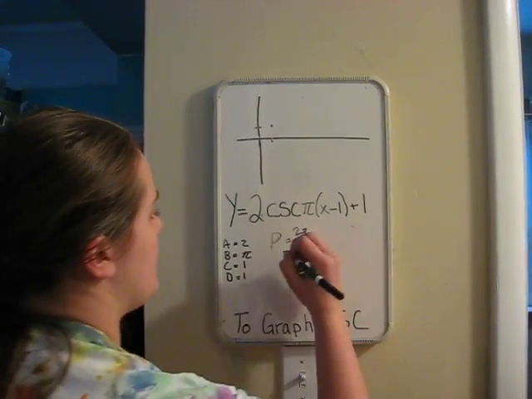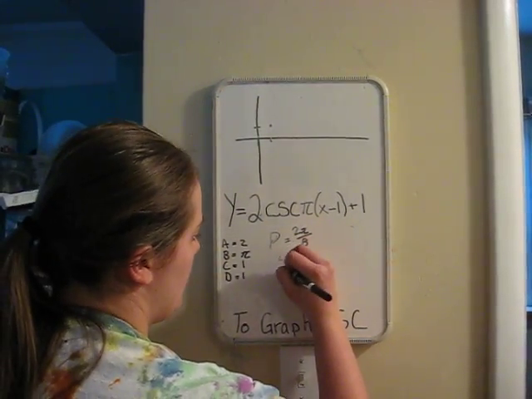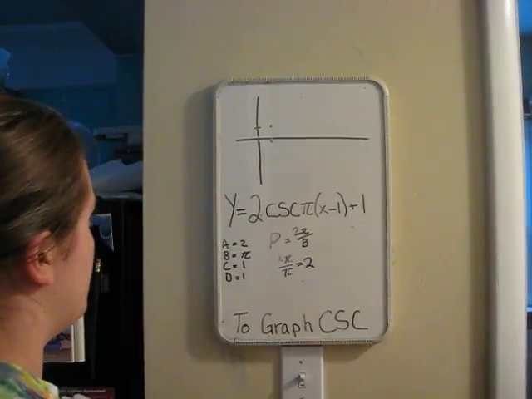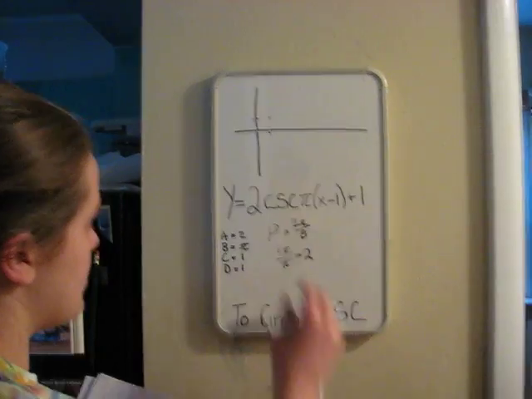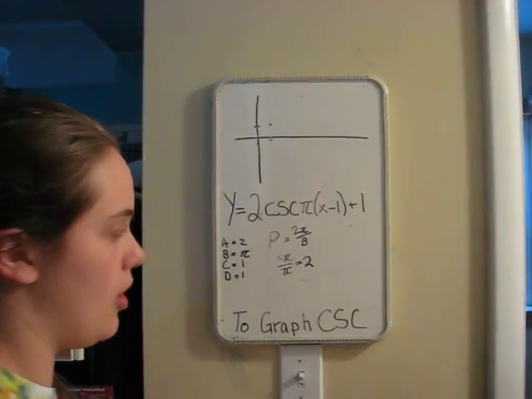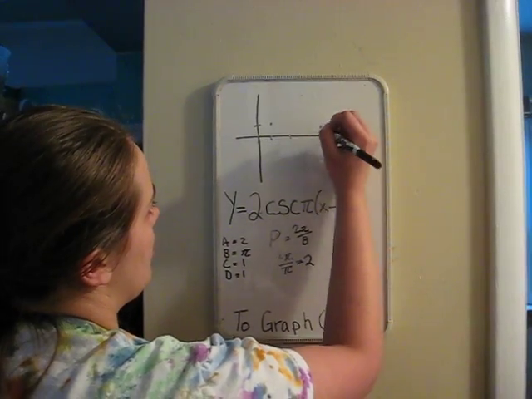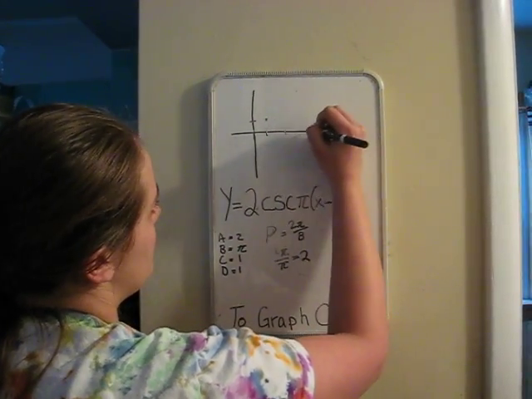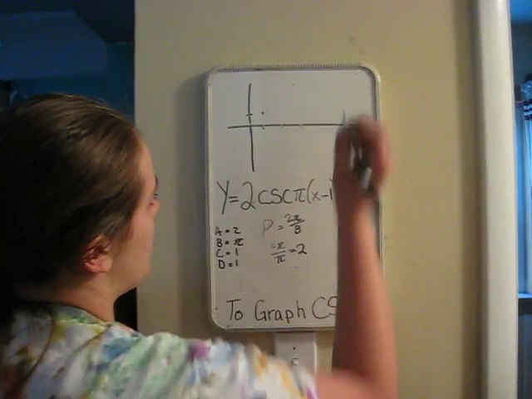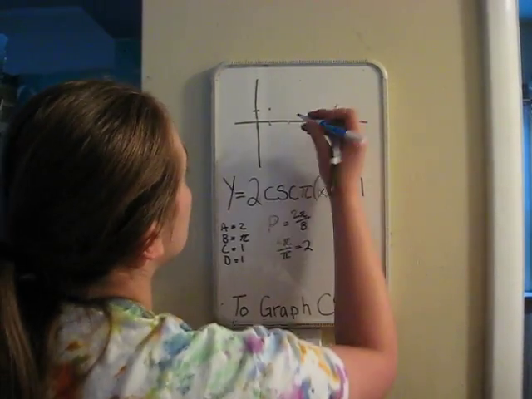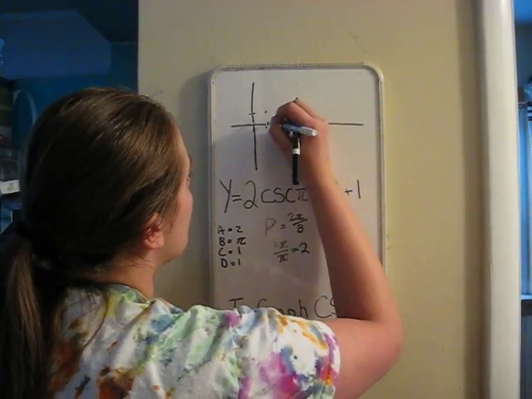In this case, b is pi, so we have 2 pi over pi, which is equal to 2. So our entire graph is going to be 2 long. Since we started at 1, our graph is actually going to go 1, 2, 3, and the last point will be there on 3.